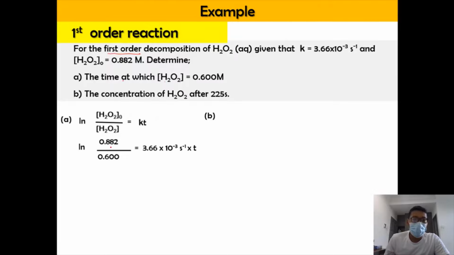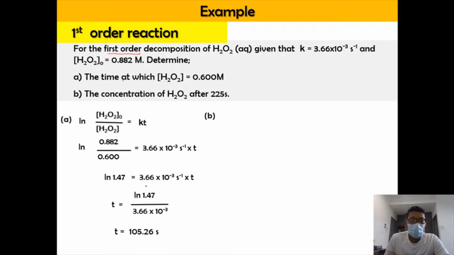So the initial concentration is known, and the concentration of H2O2 can be calculated here, which is 0.6, and then k is also given, and we need to find the time. So we got ln 1.47, and we were going to divide it by the value here, so you will get 105.26 seconds.